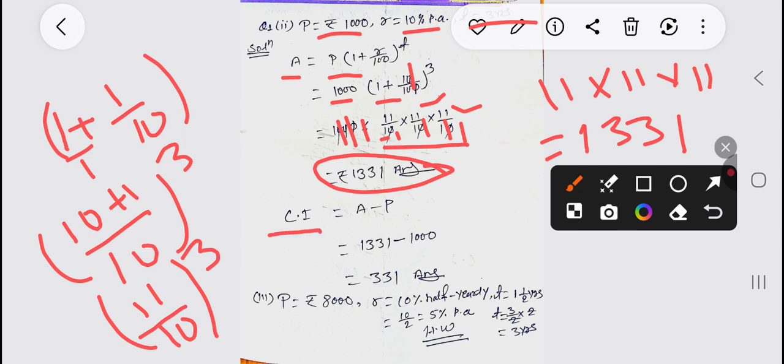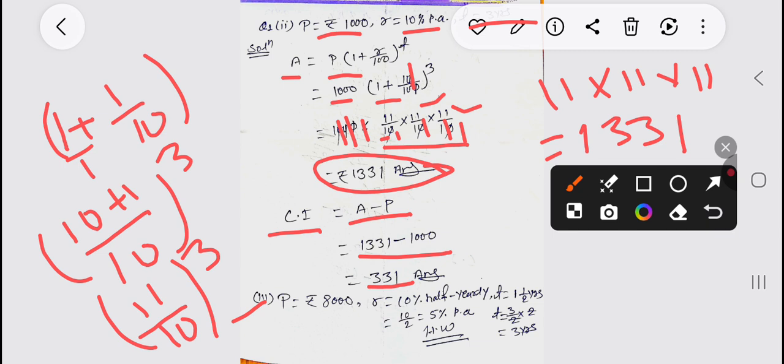Now we will calculate CI, compound interest. This will be amount minus principal. Amount is 1331 minus 1000, so it will come 331 rupees compound interest. I hope question number 2 is clear to everybody.